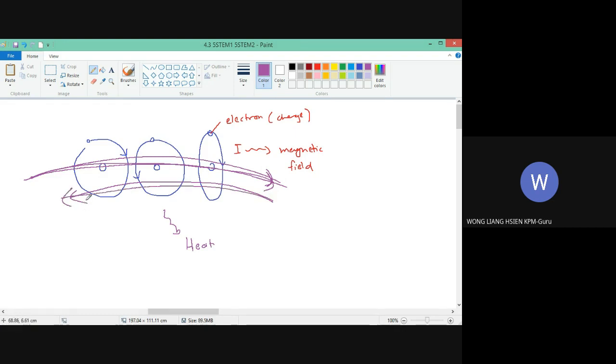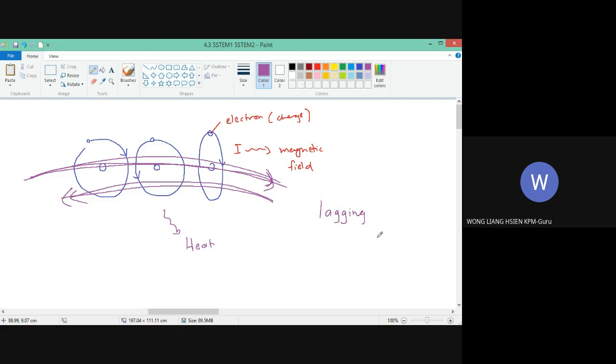So you have to wait some time for the core of the transformer to become demagnetized and magnetized again in the opposite direction. So there is a lag between the magnetizing and demagnetizing of the transformer core and the changing direction of the magnetic flux.